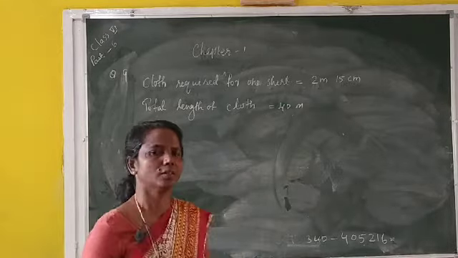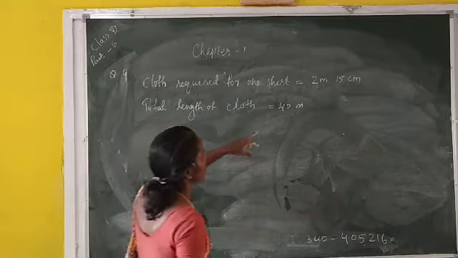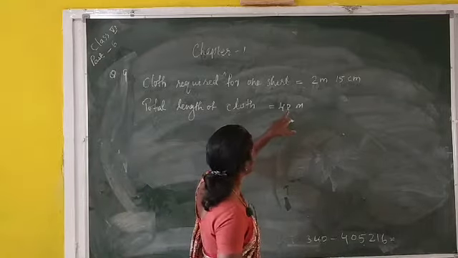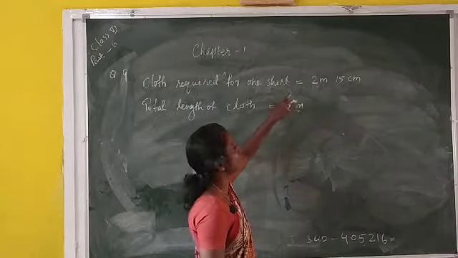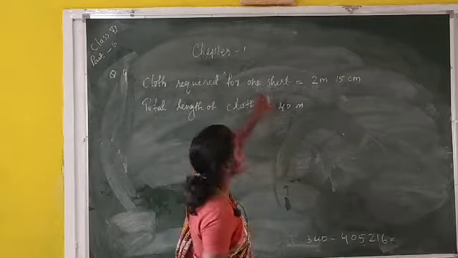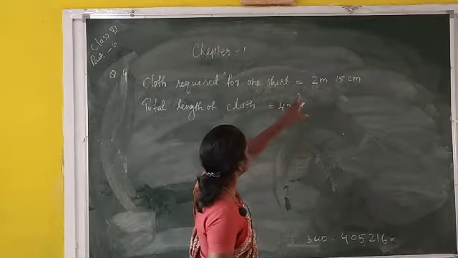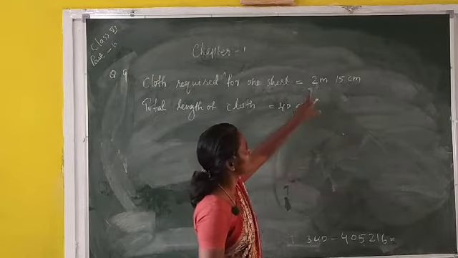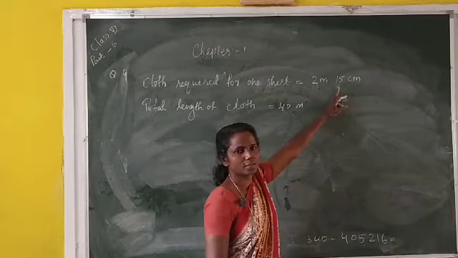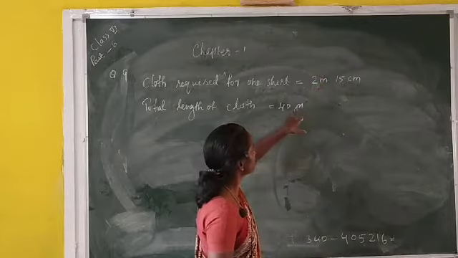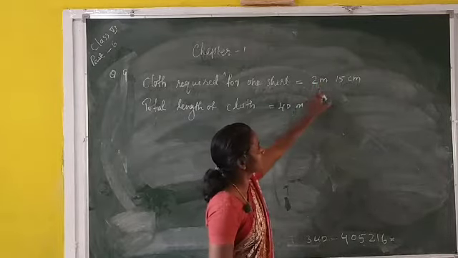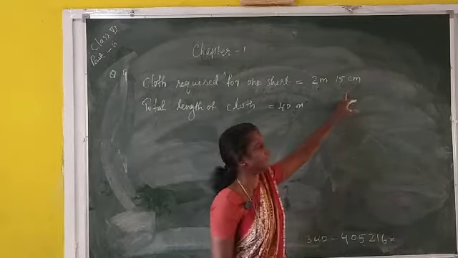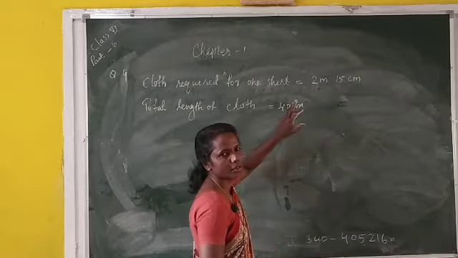How to find out this? 40, the total length of the cloth, divided by the cloth required for one shirt, means 40 meter divided by 2 meter 50 centimeter. Look, here is meter and centimeter unit, and here only meter.